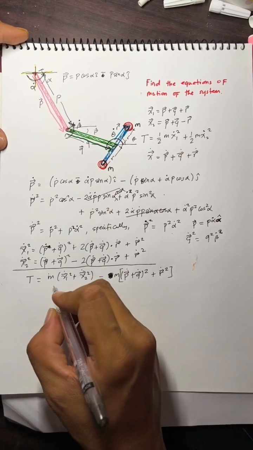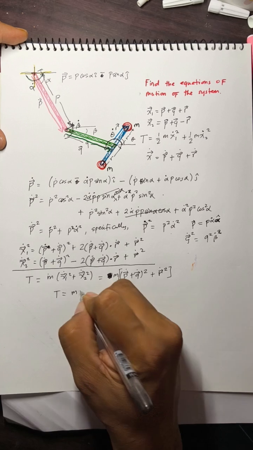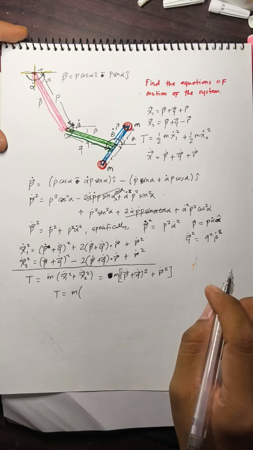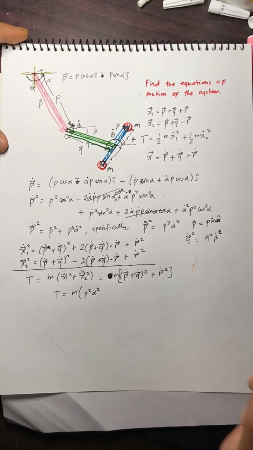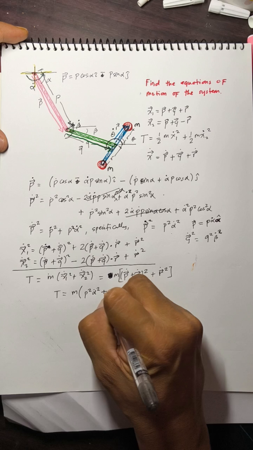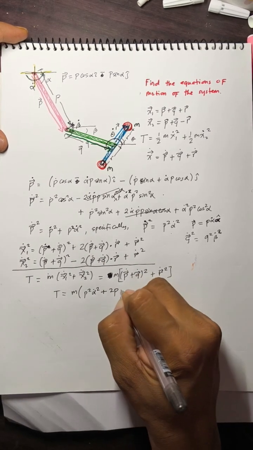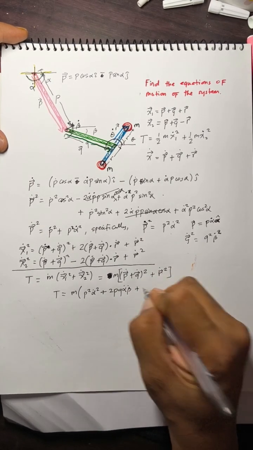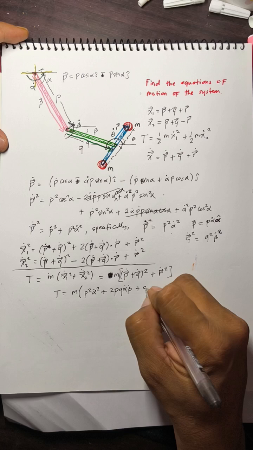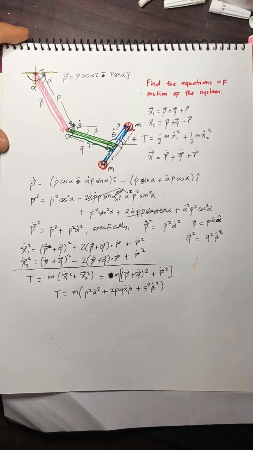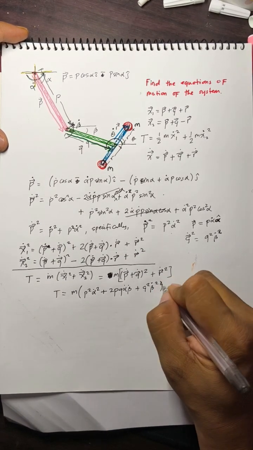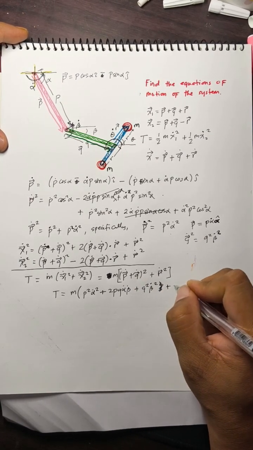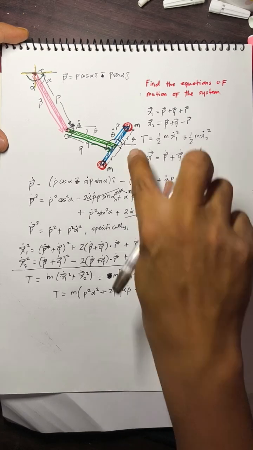Okay, so our kinetic energy now would be equal to M times p squared alpha dot squared plus 2pq alpha dot beta dot plus q squared beta dot squared, and this is for that part there, plus, well, this is just now r dot.